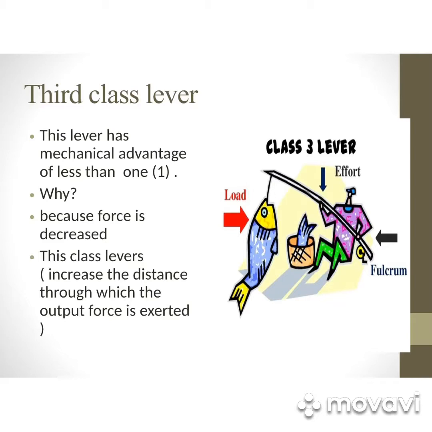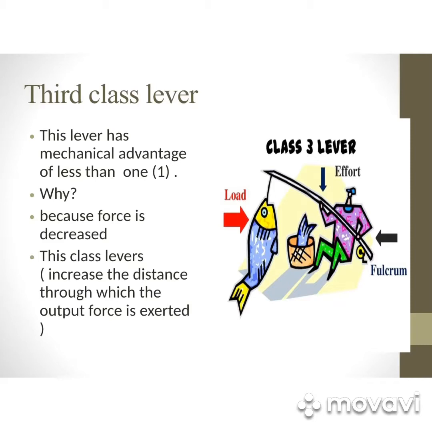Now I want you to look at the figure right there. You will realize the position of the load; that man is trying to catch a fish, obviously. Notice the position of the fulcrum, and also the effort or the input force that the man is applying. That man could be you, by the way.